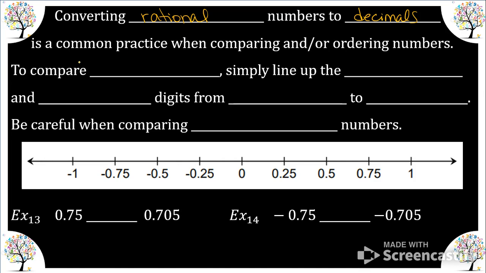Converting rational numbers to decimals is a common practice when comparing and or ordering numbers. To compare decimals, we simply line up the decimal point, and then we will compare the numbers from left to right.